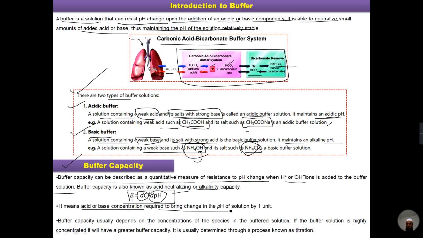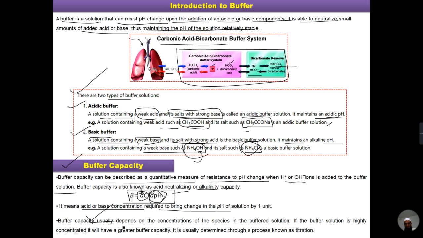The acid or a base, आप कितना acid or base add कर सकते हैं, so as to bring the change in the pH of solution by 1 unit. So this is how we express that: the change in concentration that we need to bring, that is the amount of acid or a base which we need to add so that the change in the pH of solution occurs by 1 unit. That's called a buffer capacity.